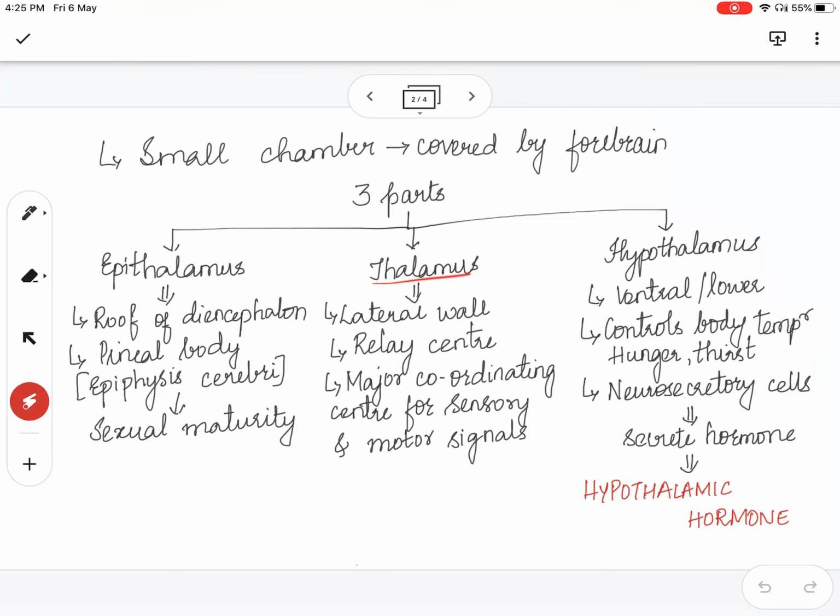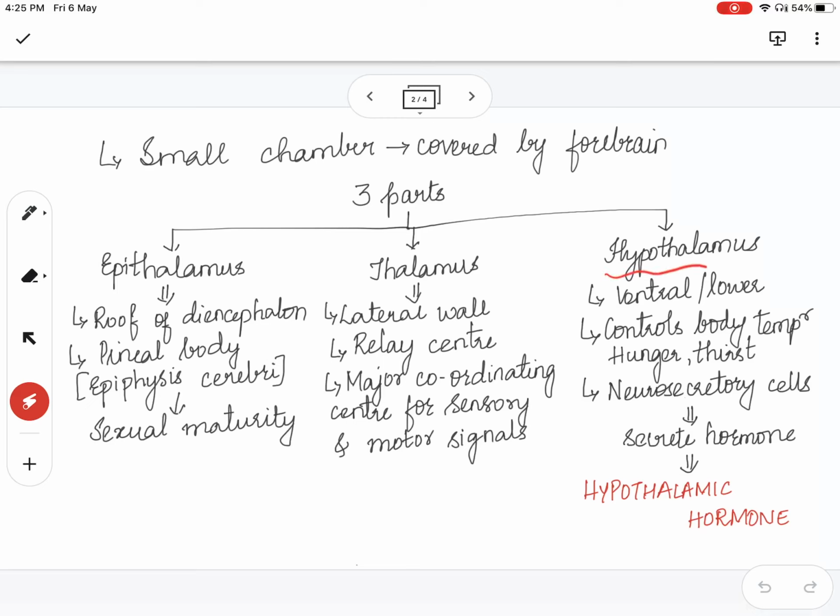Coming to thalamus, it is present on the lateral wall of diencephalon. It acts as a relay center, which I was just telling. Why is it a relay center? Because it is going to receive signals of sensory inputs from different parts of the body, and accordingly it is going to send the impulses. Along with that, it is considered to be a major coordinating center for sensory and motor signals.